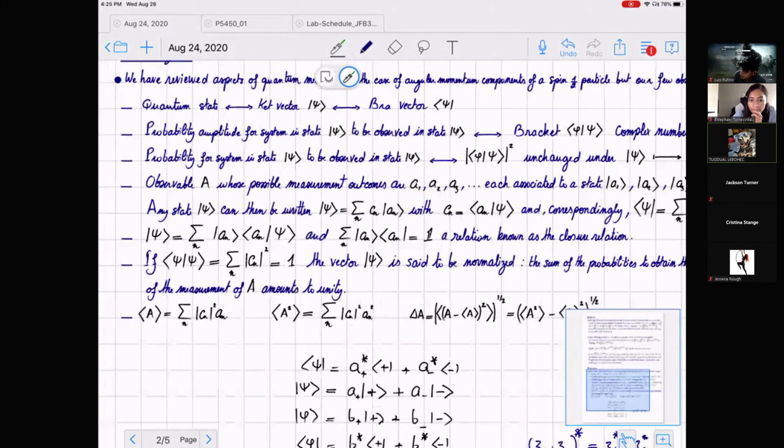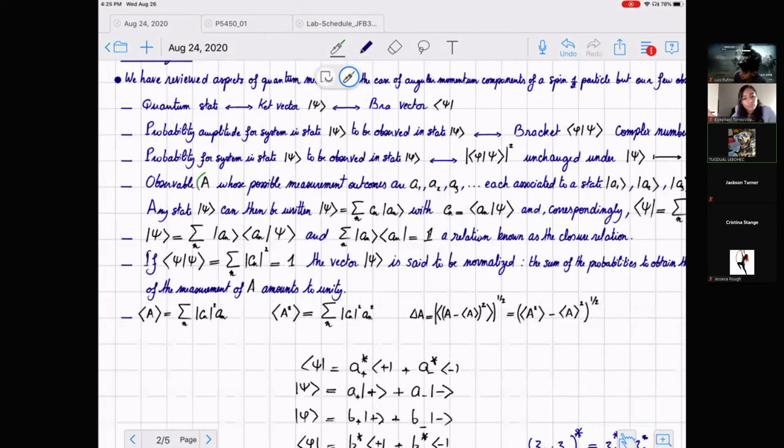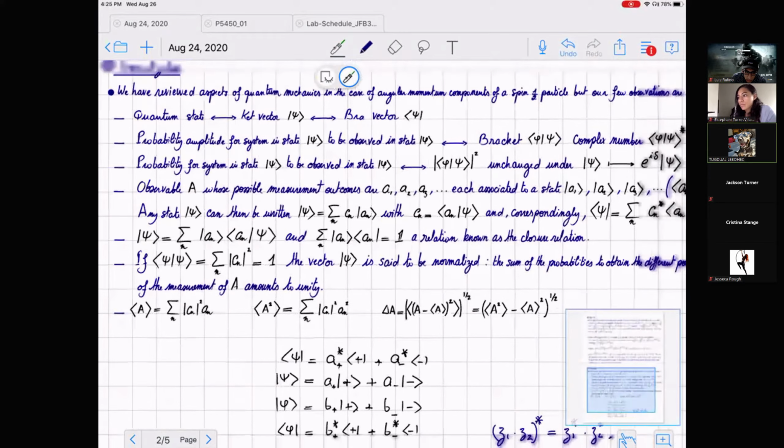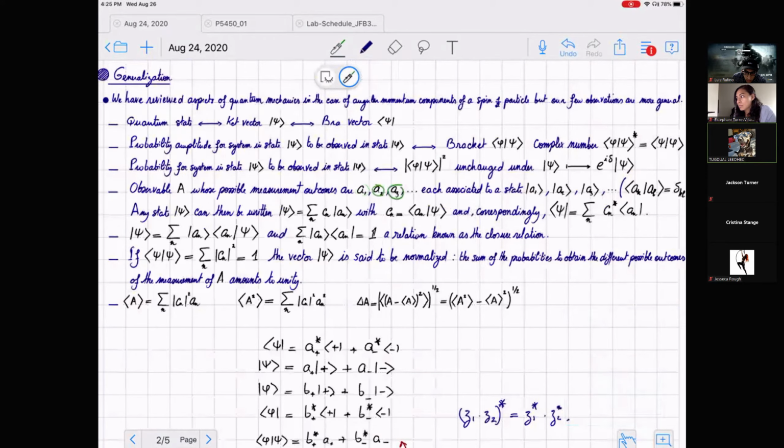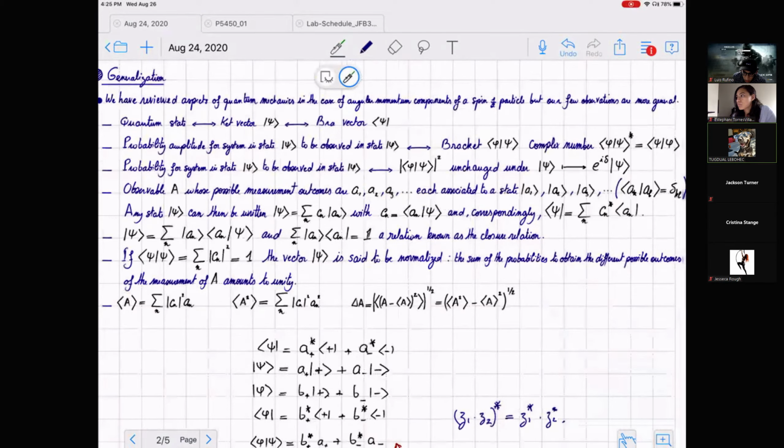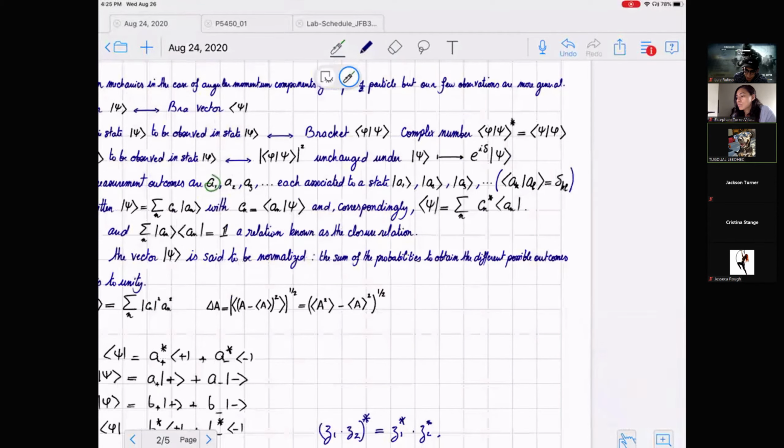Now, when we measure something, we talk about measuring an observable. It's something that can be observed, right? And for each of the possible outcomes, A1, A2, A3 in this case, so far talking about the angular momentum of an electron, I just told you that there were only two possible outcomes, but you have other things that you can measure that have more possible outcomes. To each of these possible outcomes correspond different quantum states for the system that is being measured.